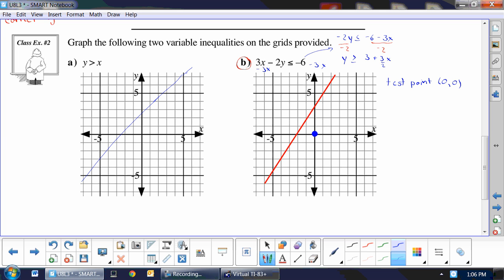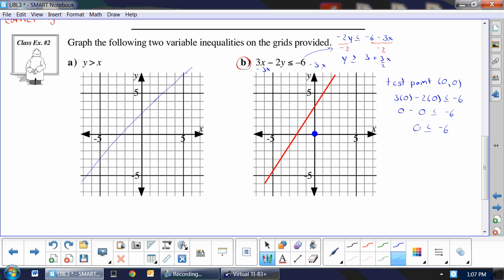Then you can put it back into either one of these equations, this one or this one. I'm going to go 3(0) minus 2(0) is less than or equal to -6. We find that 3 times 0 is 0, minus 0, is less than or equal to -6.